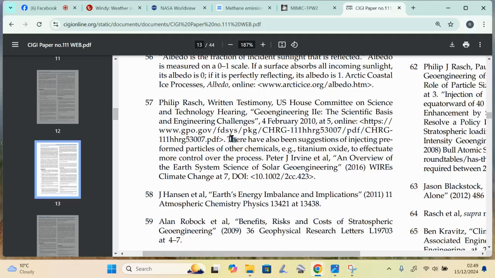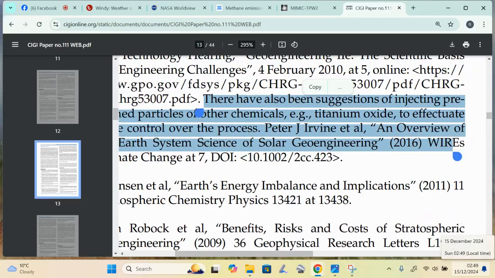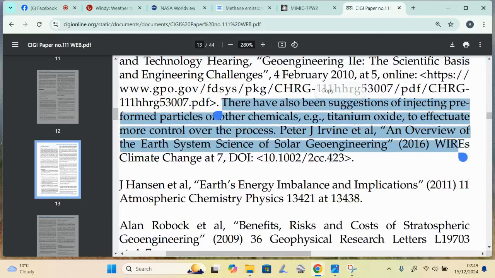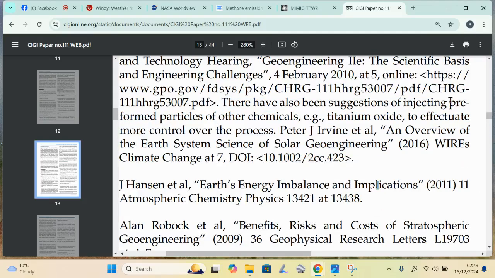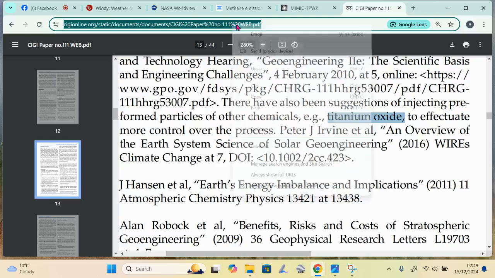What I want you to notice is this paragraph right here, where it says, there have been suggestions of injecting preformed particles of other chemicals, like titanium oxide. Where is the silver iodide listed? It's all that comes out of their mouths, like the farts they tell us come out of a cow's ass, or that healthy means that you're sick.